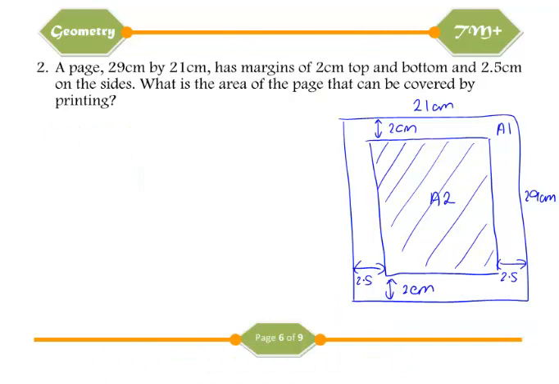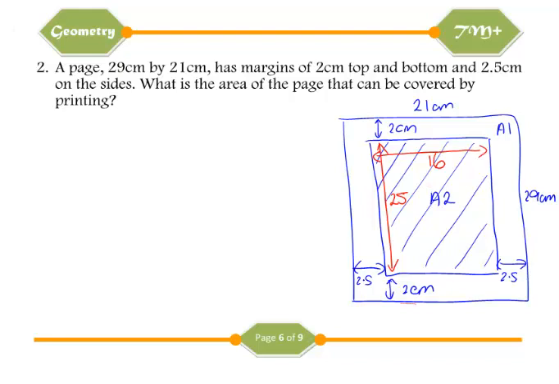Okay, so what we need is we need these distances here. If the whole thing is 29, this is 2 and this is 2, so 29 minus 4 is 25. This distance across here, or this length, the whole length is 21, and I need to take 5 away from it, so 21 minus 5 is 16.